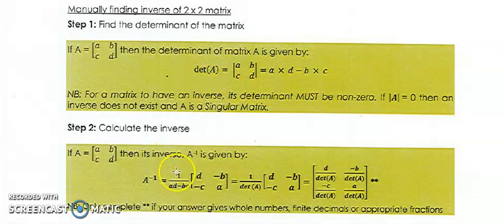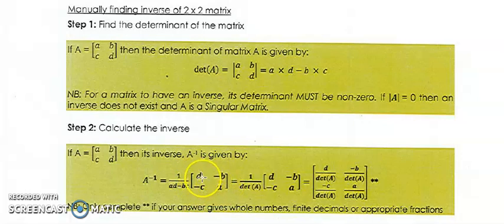You put it as a fraction, 1 over whatever that is. Then this will become a scalar, and you multiply it with D, minus B, minus C and A.